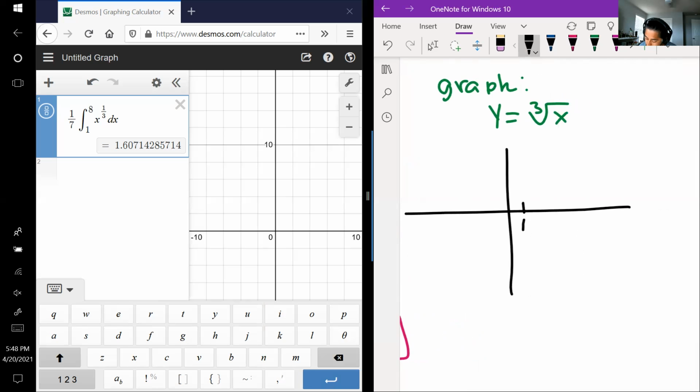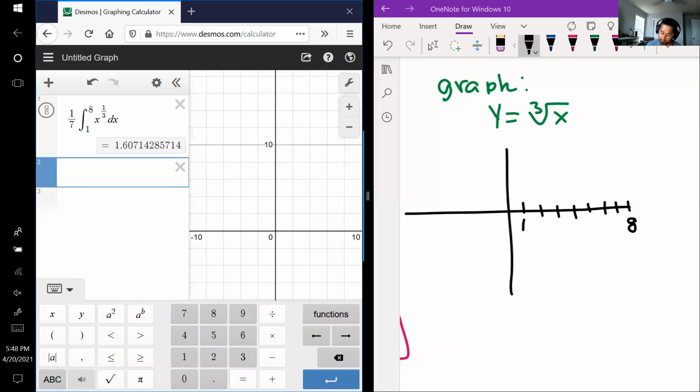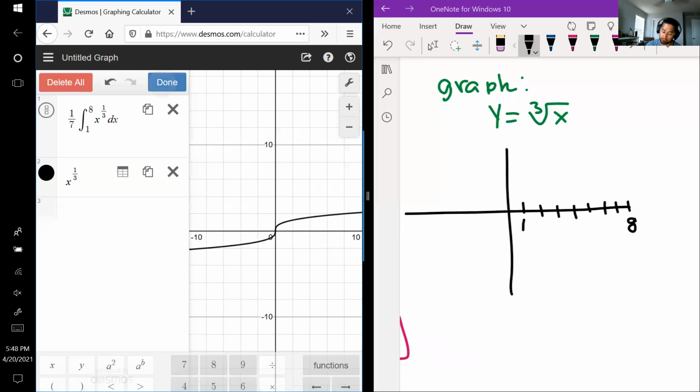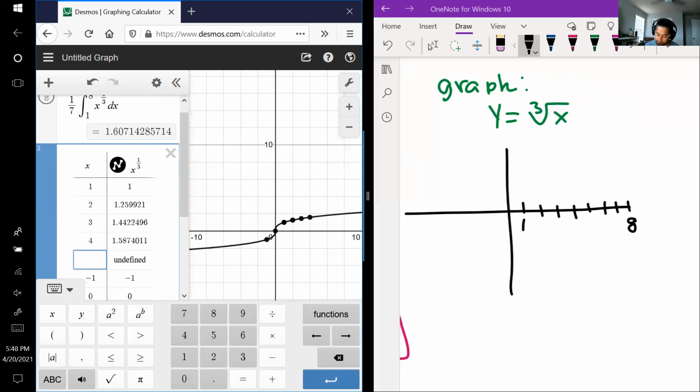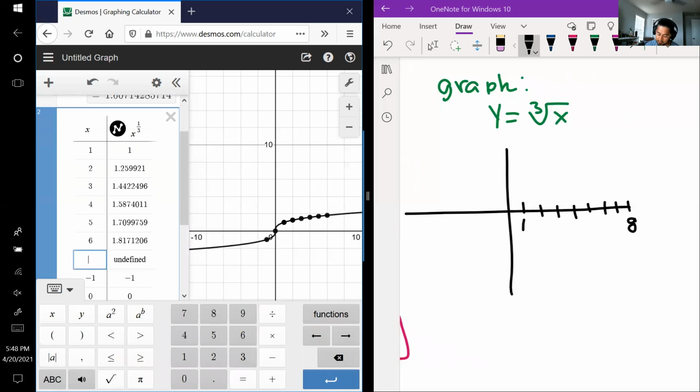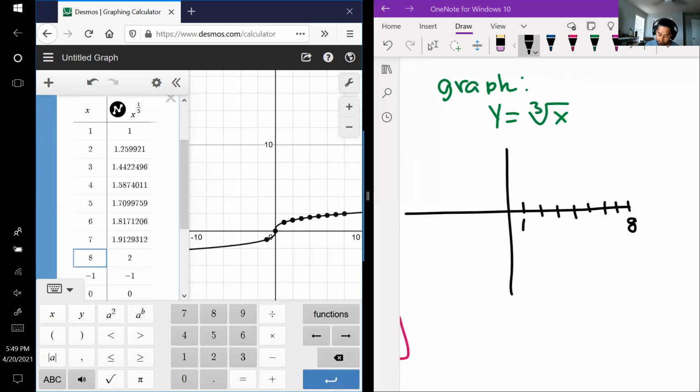So here's 1, and then 2, 3, 4, 5, 6, 7, 8. Now in Desmos, I'll type in the cube root of x, or have it as x to the 1/3. And now do the xy chart and type in the values 1 to 8. 1, 2, 3, 4, 5, 6, 7, 8.